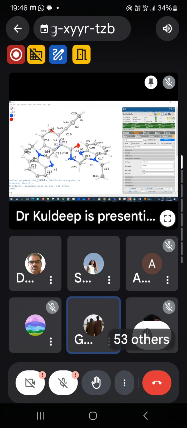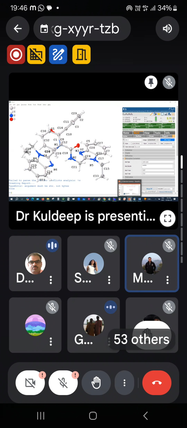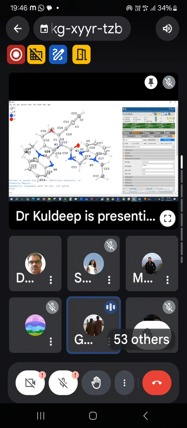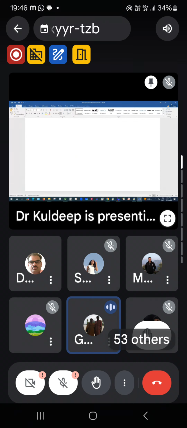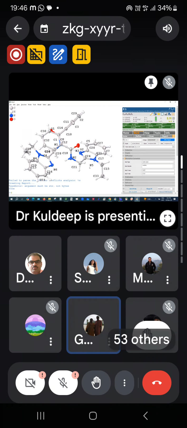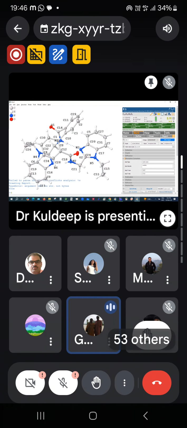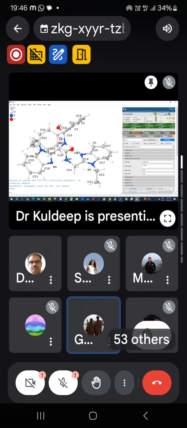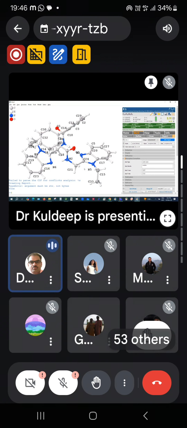If you do not get all the non-hydrogen atoms, then how can you add them in the difference Fourier map? Definitely, you will get the non-hydrogen atoms in the difference Fourier map.